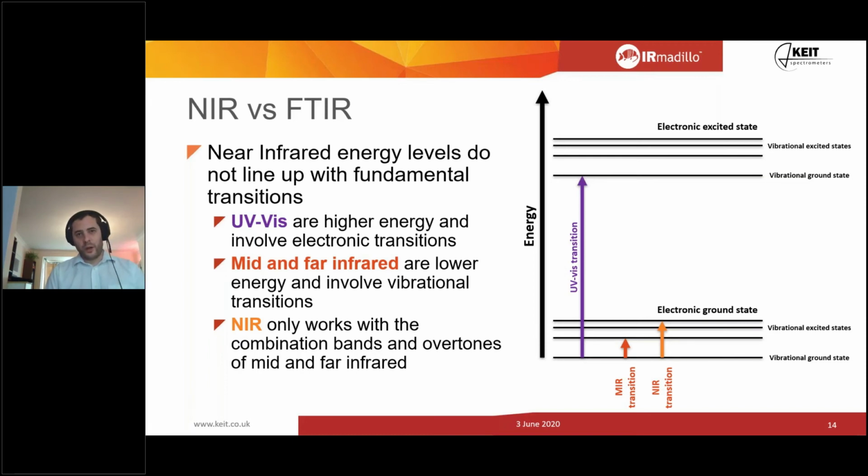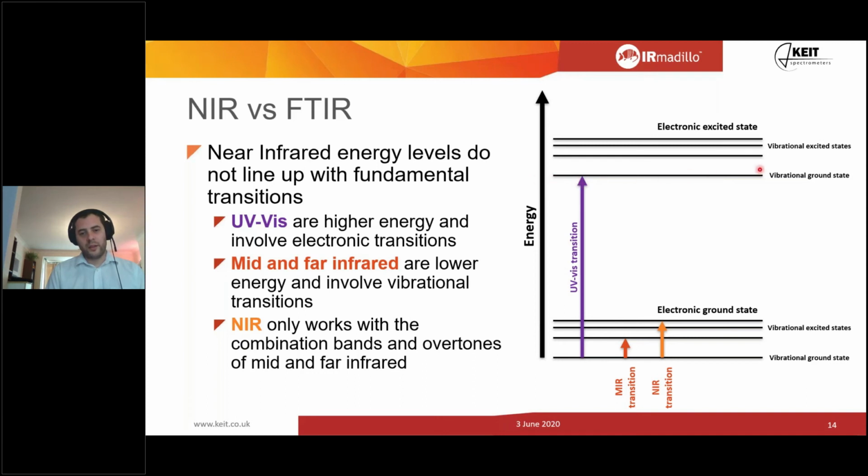So this is as close to quantum physics as I'm going to get, I promise. When we have UV-Vis spectroscopy, so this is the electronic, or mid-infrared, also called FTIR, we have a fundamental spectroscopic interaction. We start in what's called the ground state. In electronic, we jump up a rung of this electronic ladder.